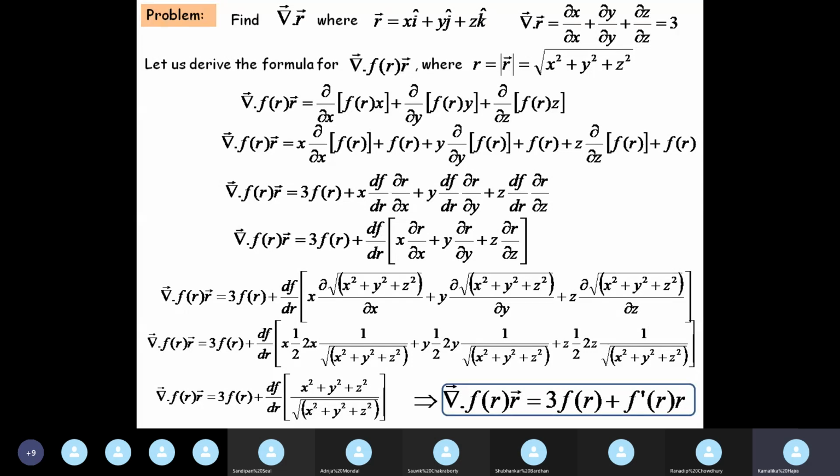Anyone else? Is someone answering? Divergence of r cube r vector. Can you hear me? Are you in the call?